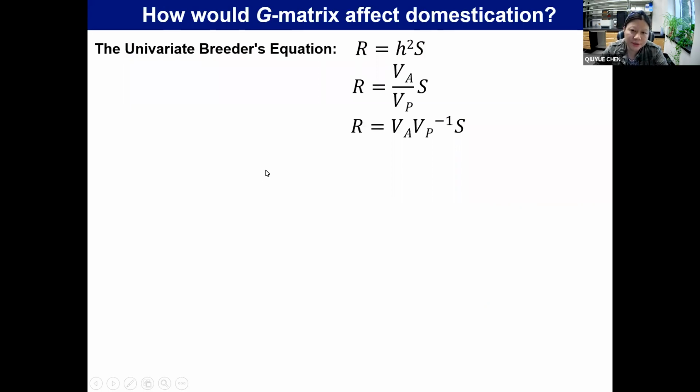So how would the G matrix affect domestication? Here shows again the univariate breeder's equation, where R is the response to selection, S is the selection differential, and h squared is the narrow sense heritability, which is equal to the additive variance divided by phenotypic variance.